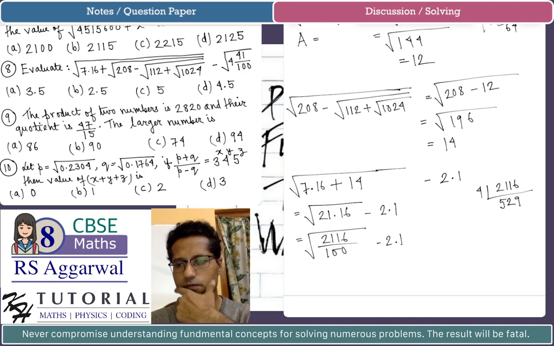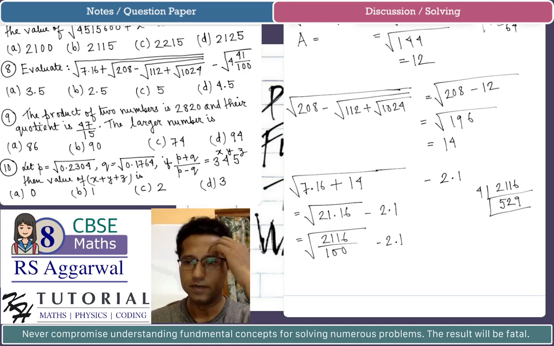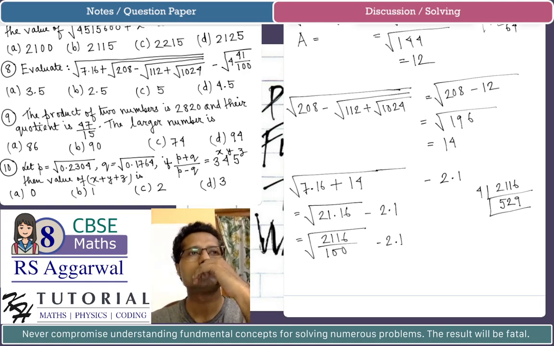I know 529 is a perfect square, but what is its square root? Let me try. Will it divide by 9? No. What about 7?